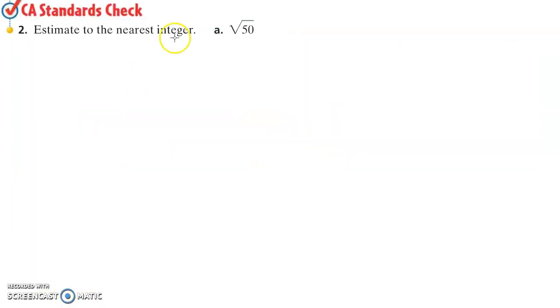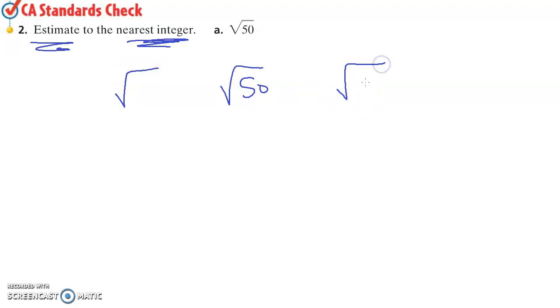So let's look at standards check number 2, and they are asking us to estimate to the nearest integer. So that means they want a whole number. They do not want a decimal number. They want a whole number value. Now in this case, we want the square root of 50. What two perfect squares is the square root of 50 between? Well, thinking about my perfect square list, 49 is a perfect square, and 64 is the next perfect square, and the square root of 49 is the same thing as 7, and the square root of 64 is the same thing as 8.